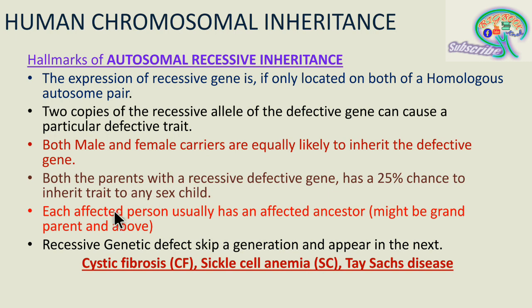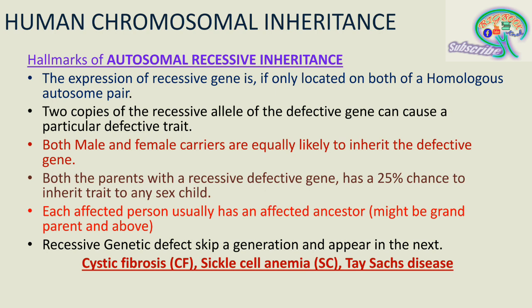Each affected person usually has an affected ancestor, might be a grandparent or above. Here, a recessive genetic defect can skip a generation and appear in the next. You can understand that because there is a higher chance of the dominant gene combining with them to form a heterozygote.